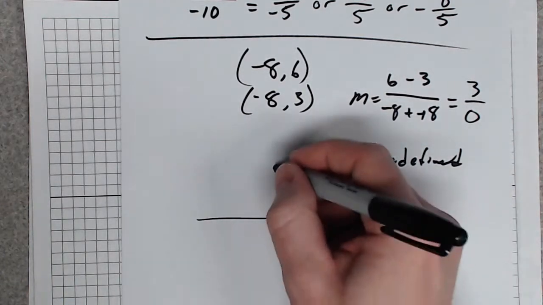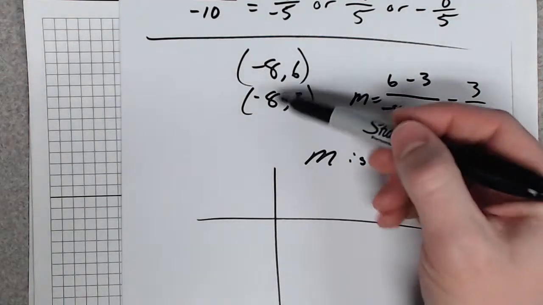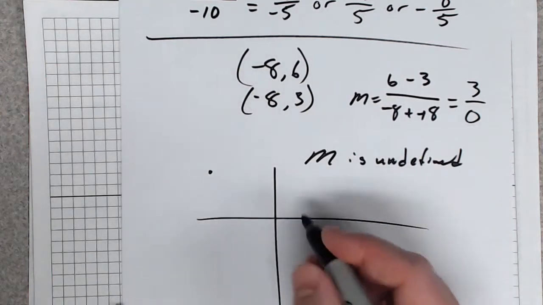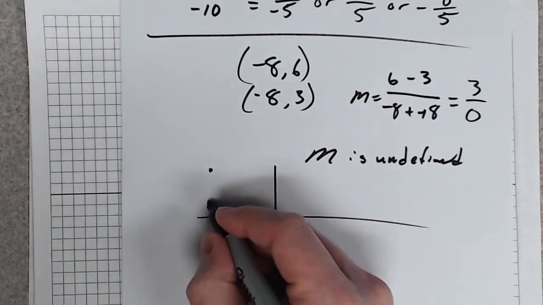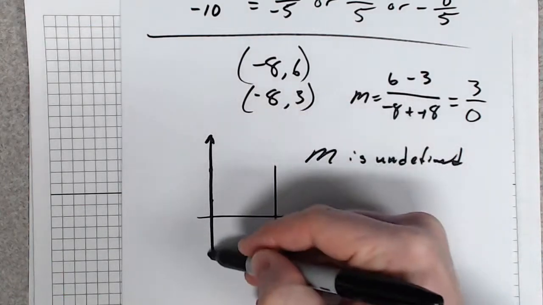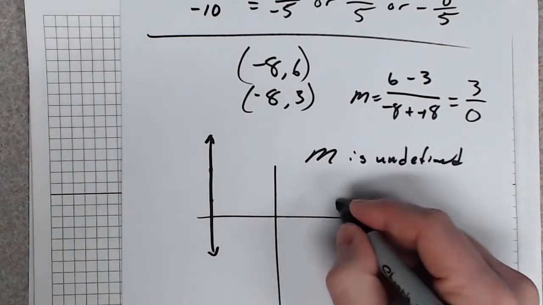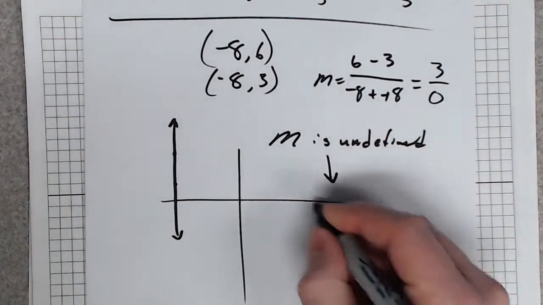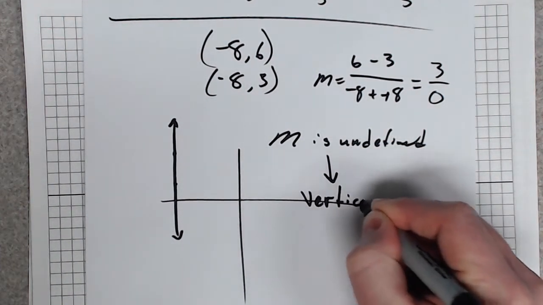Okay, now if I graph this, look at what kind of line this is. -8, go back 8, up 6, go back 8, up 3. Well, this is a vertical line. So whenever you see undefined slope, you can automatically assume it's a vertical line.